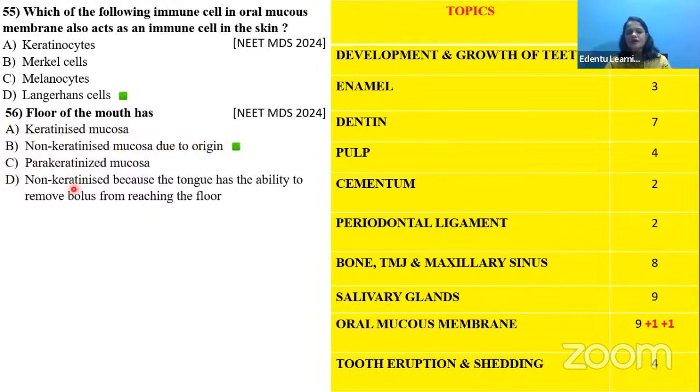Now if you look at option D, that can become a little confusing: it is non-keratinized because of the ability of the tongue to remove bolus from reaching the floor. But actually the floor of the mouth has non-keratinized mucosa because of its origin. So we can again put it under the oral mucous membrane topic here.